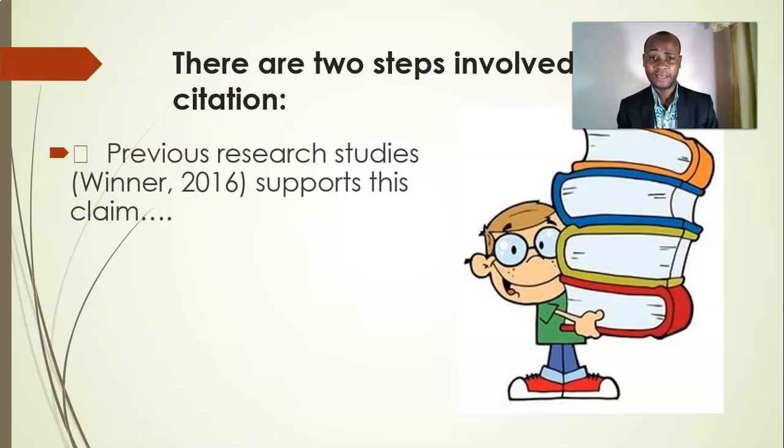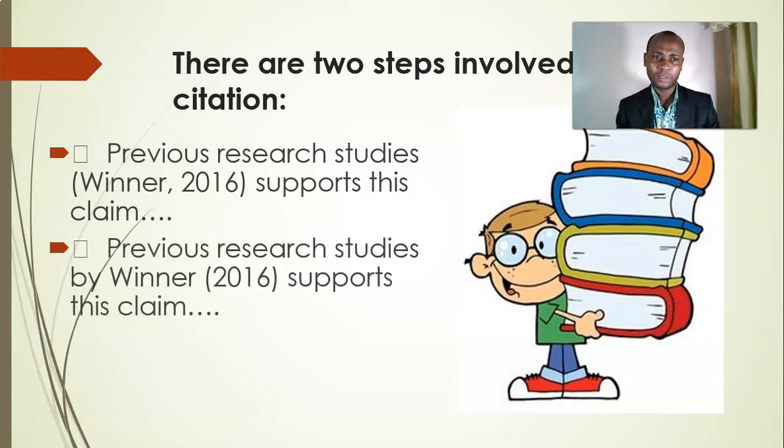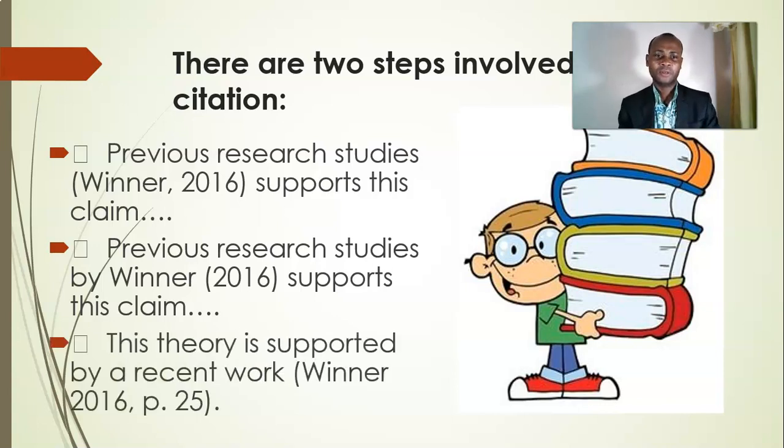Again, don't forget this is Harvard style. Or it could look like this: previous study by Winner (2016) supports this claim. Or it could look like this: this theory is supported by a recent work.